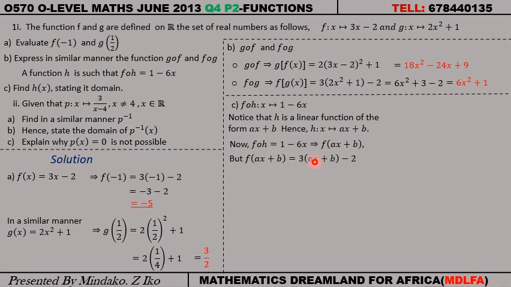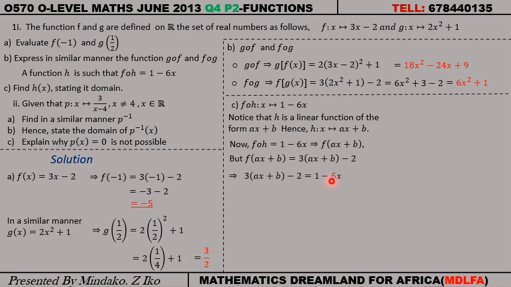Since f of h is equal to 3 times ax plus b minus 2, but I know that f of h is equal to 1 minus 6x, I'm just going to equate both sides. So we have 3 times ax plus b minus 2 equal to 1 minus 6x.